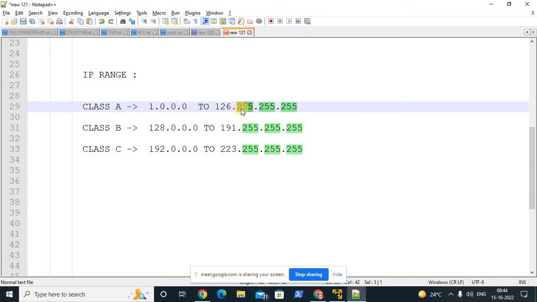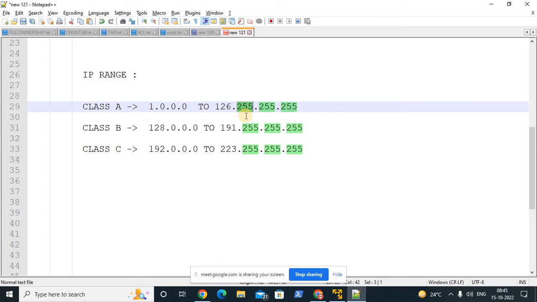Make a note of that: each octet must be greater than 0 and less than 255. It can never be 788, 260, or 800. The value of each octet is greater than 0 and less than 255.